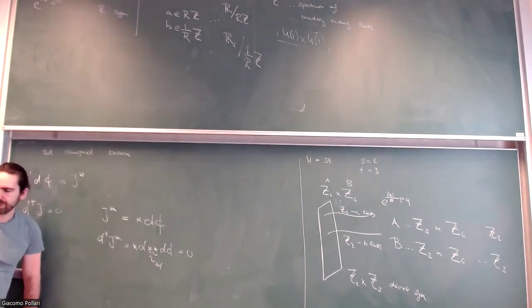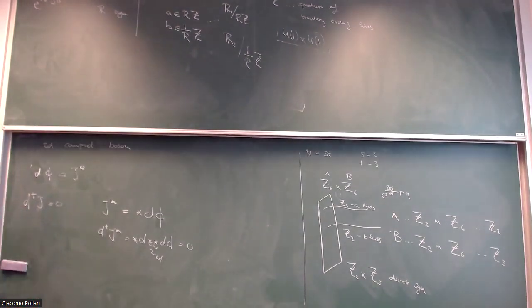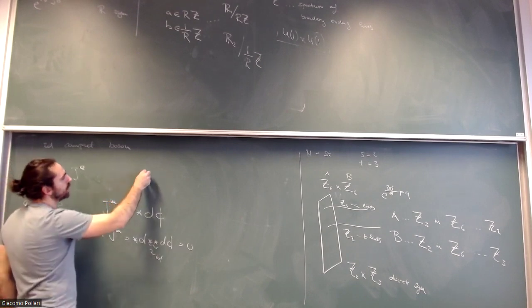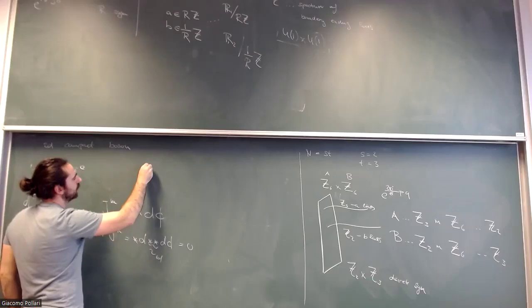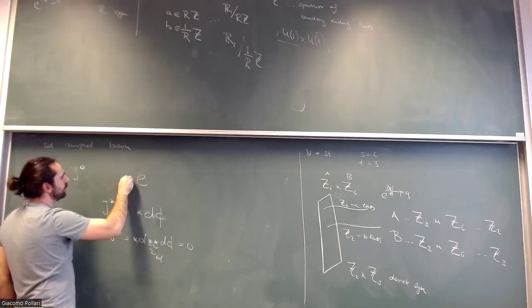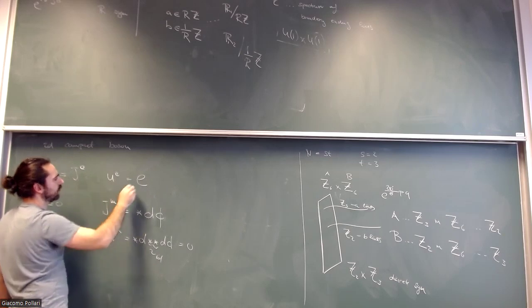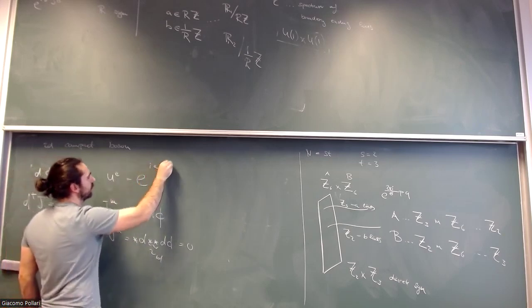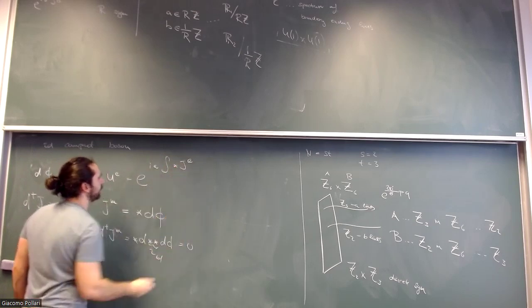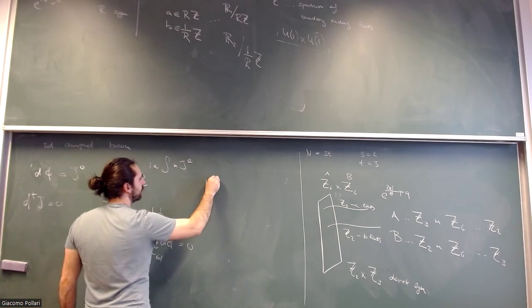So there's these two currents, and this one is a bit weird. They're both global currents, so I can make these two operators out of them: U electric and Q magnetic.